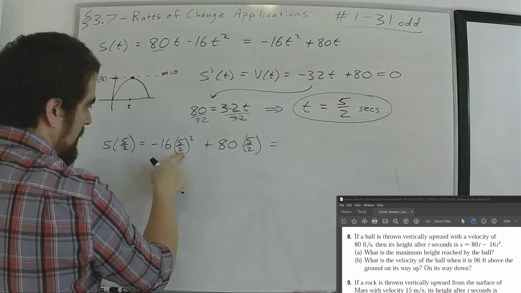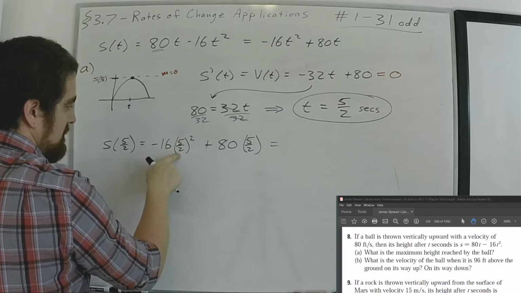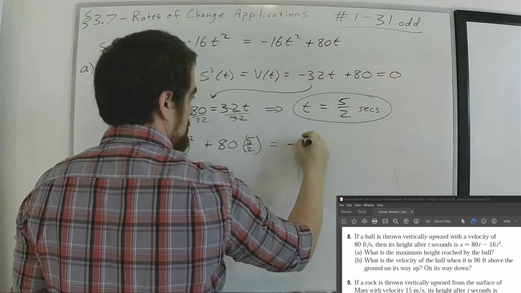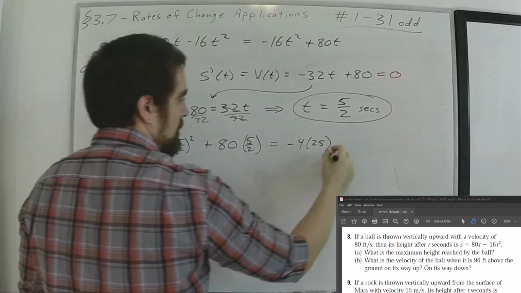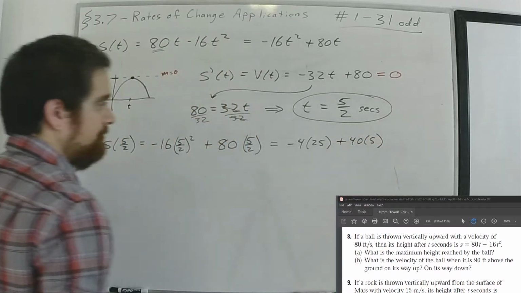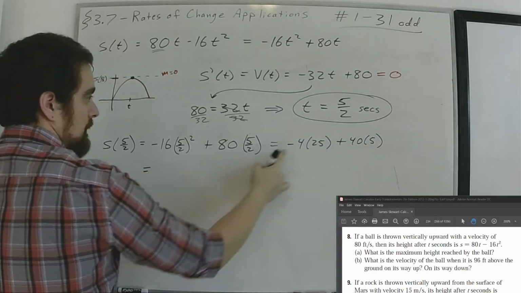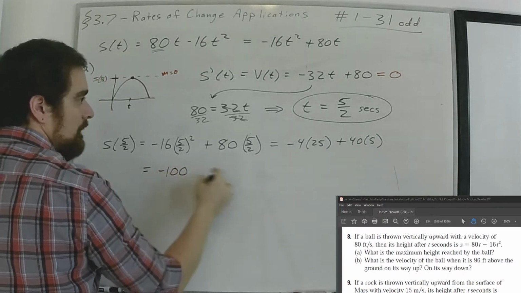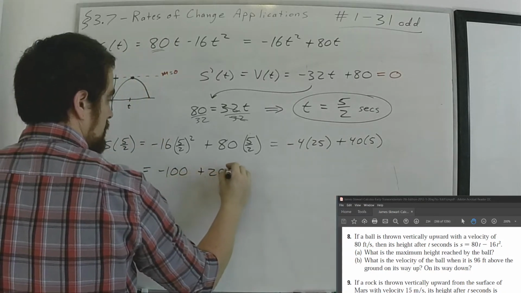Doing a little math here, this will be 25 over 4, but then we've got negative 16 divided by 4, so that'll be negative 4 times 25, plus, I can do 80 divided by 2 right away. It's 40 times 5. So this should give us negative 100. 40 times 5, that'll be 200.